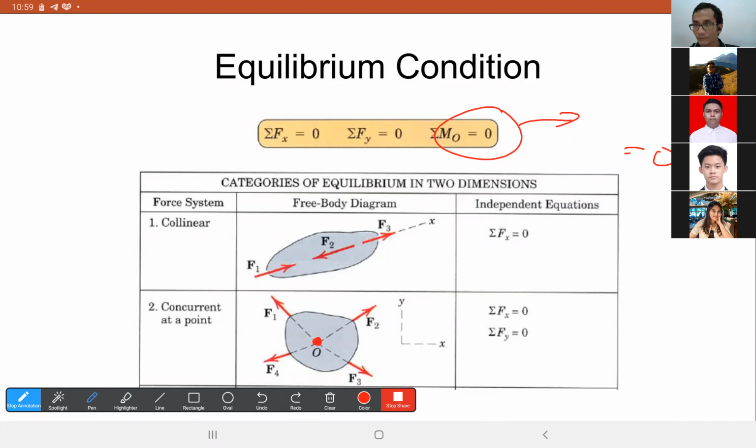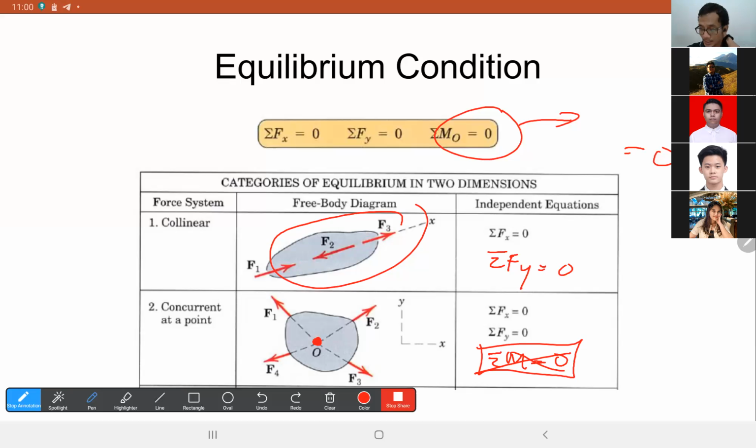The same for this, Asan, and the rest as well. Why we don't have to calculate sigma Fy equal to 0 here? Because there is no y direction force there. Besides that, we don't have to calculate sigma moment equal to 0 as well, because all the forces are happening at one line of action. If I create one reference point here, for sure the sigma moment will be equal to 0.